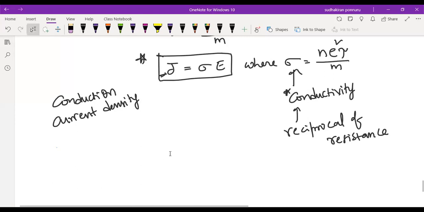Now see here one important conclusion that I am going to make from this expression. With that conclusion, they are going to ask you a question. In your examination, they are not going to ask you to derive the expression for conduction current density. They will ask in another form. So with that conclusion, you can understand what you should write as the answer.